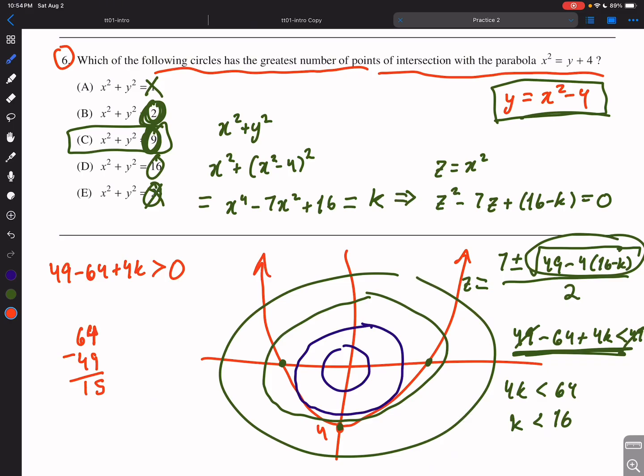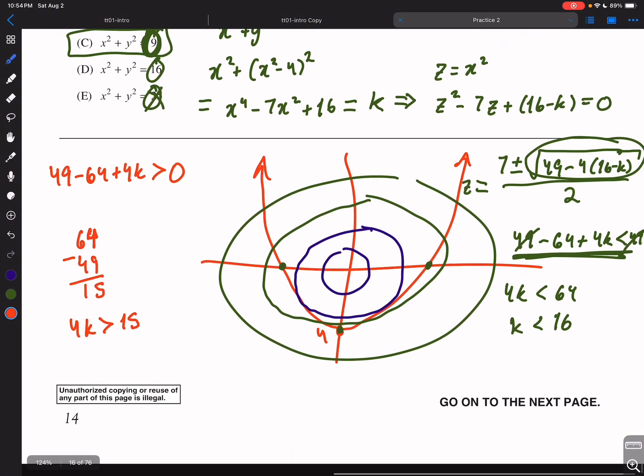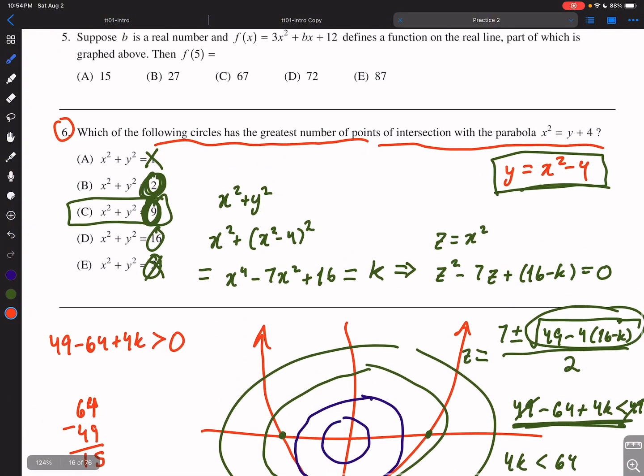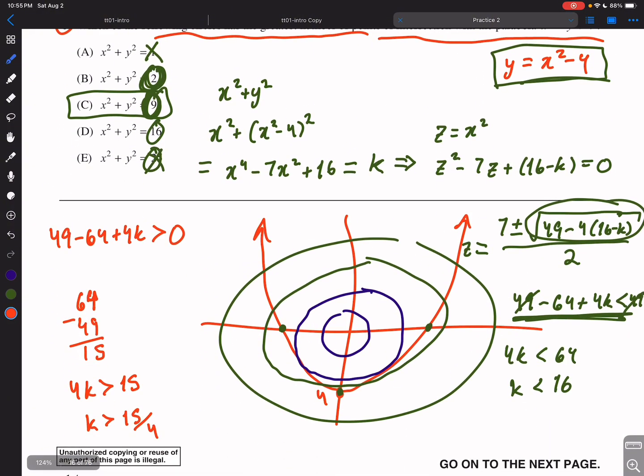So then I know that what I want is for 4k to be greater than 15, and in that case, k should be greater than 15 over 4. I know that it's slightly less than 16 over 4, and 16 over 4 is 4. So I want something bigger than roughly 4.